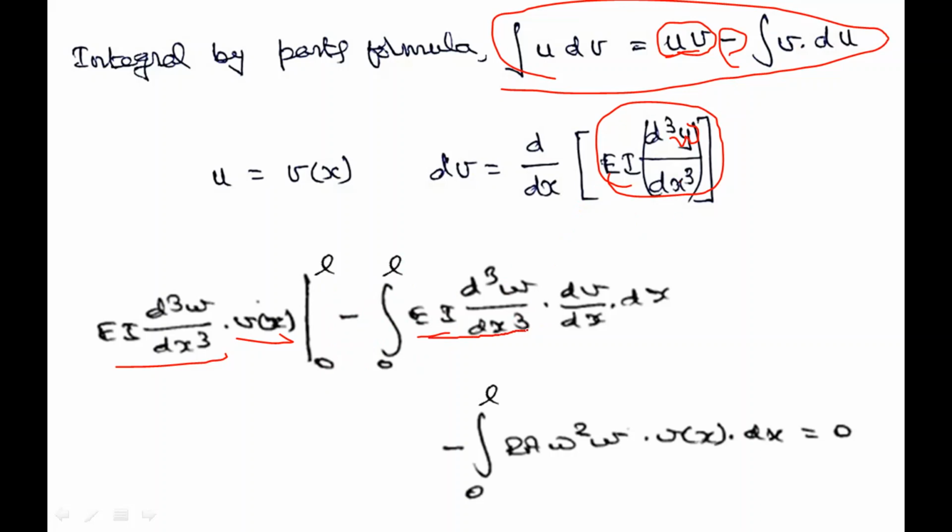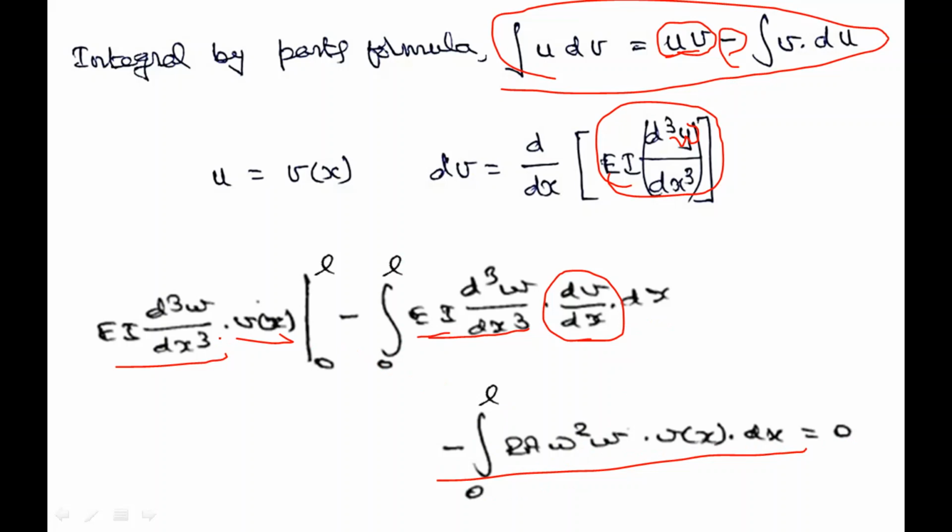According to this formula, first you write uv, EI d cube w by dx cube, applying the limit 0 to L, then minus integral v du, integral 0 to L of EI d cube w by dx cube times dv by dx. Then the second part of the residual function, minus integral 0 to L rho A omega square w into v of x dx, equal to 0.